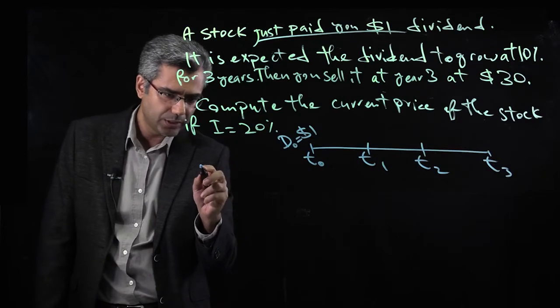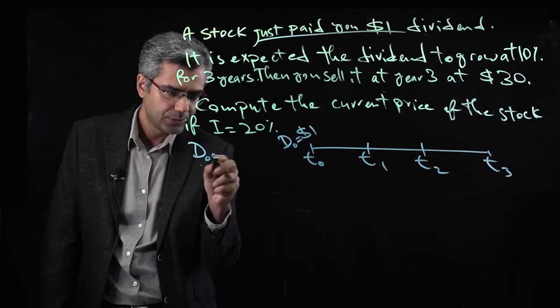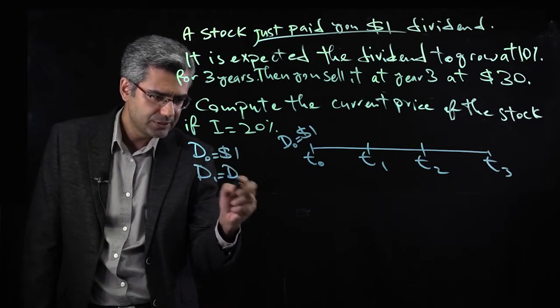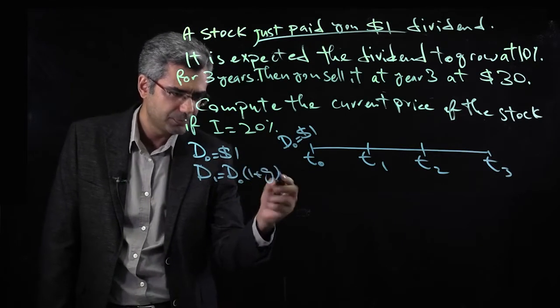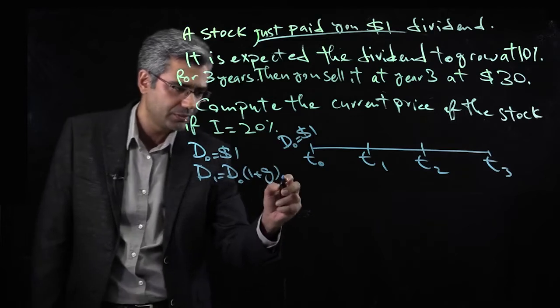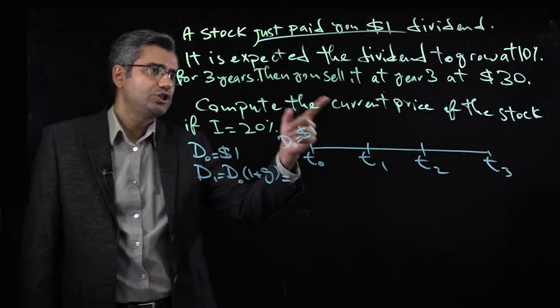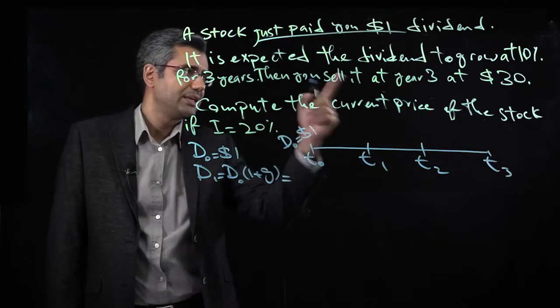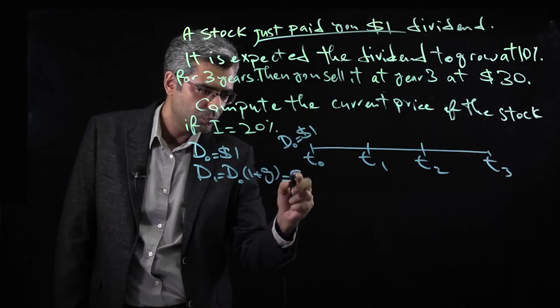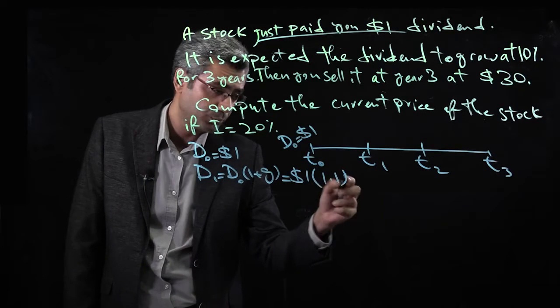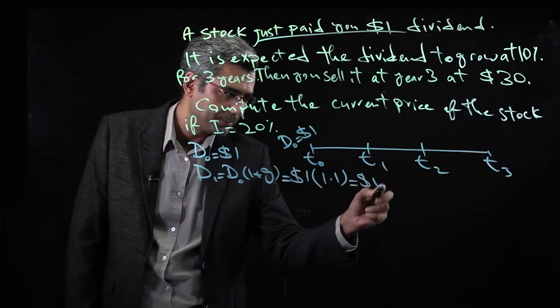So D0, we already know, is $1. D1 is D0 times 1 plus g, because it is growing at g%. So it's $1 multiplied by 1 plus 0.1, which is 1.1.